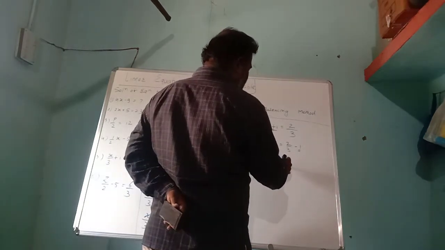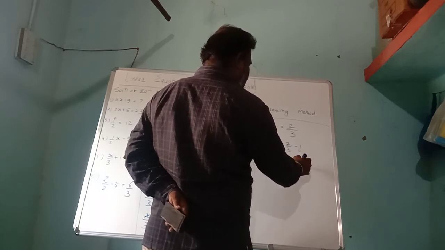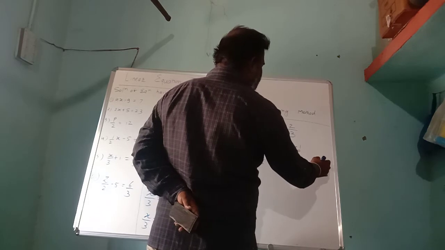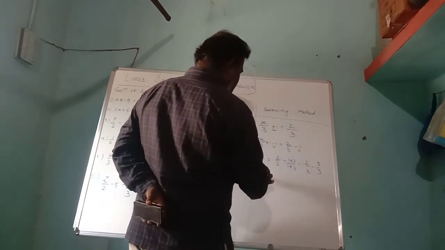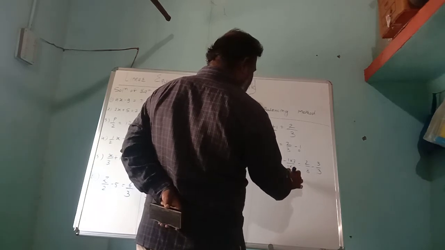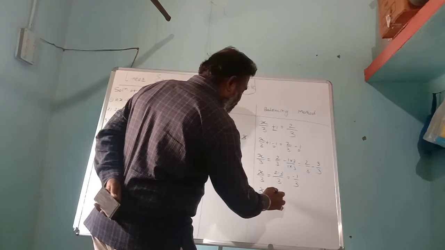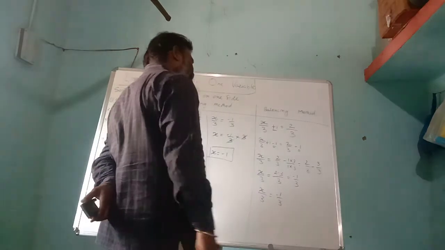Now 2 by 3 minus 1 into 3 divided by 1 into 3, that is 2 by 3 minus 3 by 3. Hence x by 3 equal to 2 minus 3 by 3 equal to minus 1 by 3. Hence x by 3 equal to minus 1 by 3.